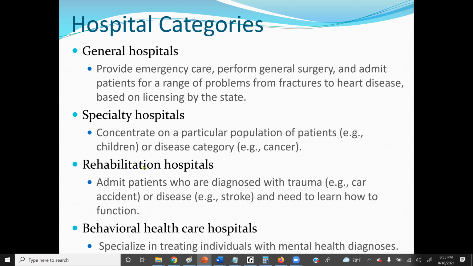We also have rehabilitation hospitals, which may admit patients who are diagnosed with trauma, for example a car accident, or a disease, for example a stroke, where they need rehabilitation and need to learn how to function. We also have behavioral healthcare hospitals. These specialize in treating individuals with mental health diagnoses.